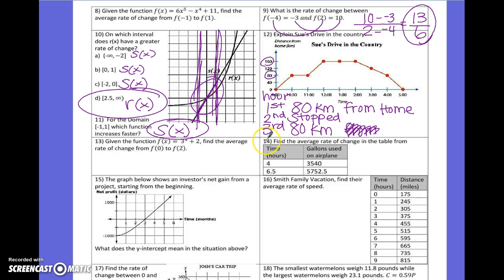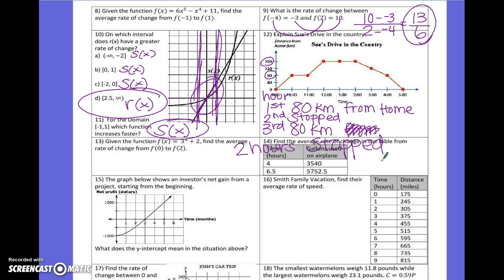And then for the next 2 hours, she is stopped again. And then she drives again.